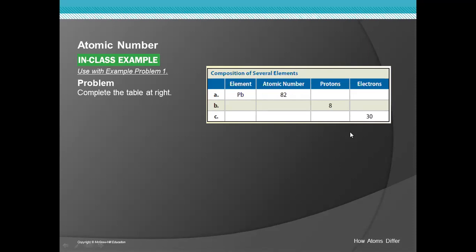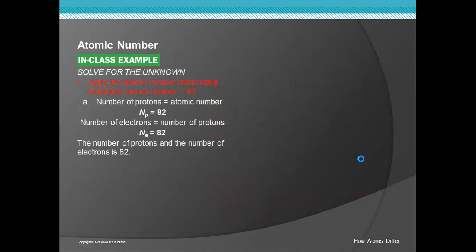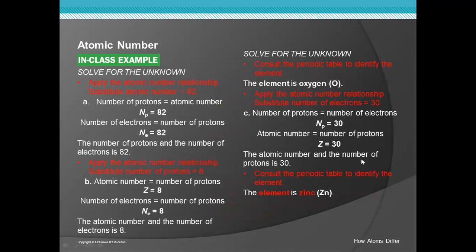It will be what? You said the same number, right? Yes, same number. So equals what? 30. Yes, equals 30. As atomic number is the same as the number of protons and the same as the number of electrons, if the number of electrons was 30, the number of protons and atomic number will also equal 30. Okay, thanks. So this is the problem, and this is the answer to this problem.